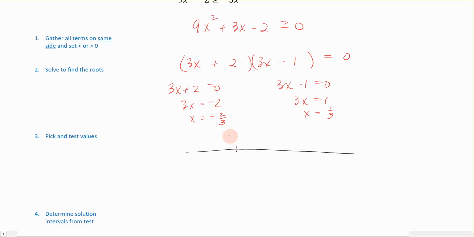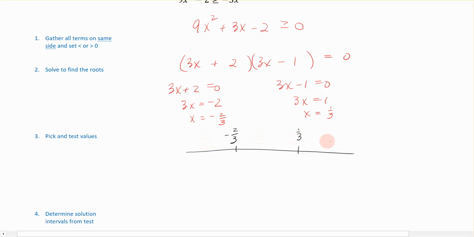So I have negative 2/3 here and positive 1/3 here. What we're doing is trying to pick test values to the left, in the center, and to the right of where my function is crossing the x-axis, so I know whether or not it's above or below. That's what we're doing this for.